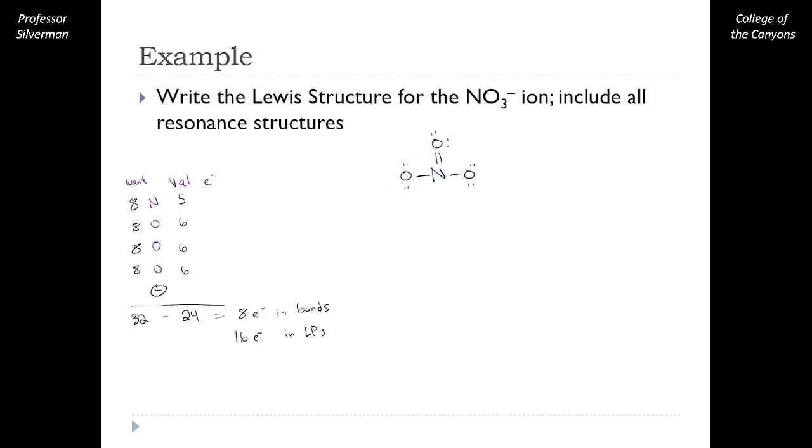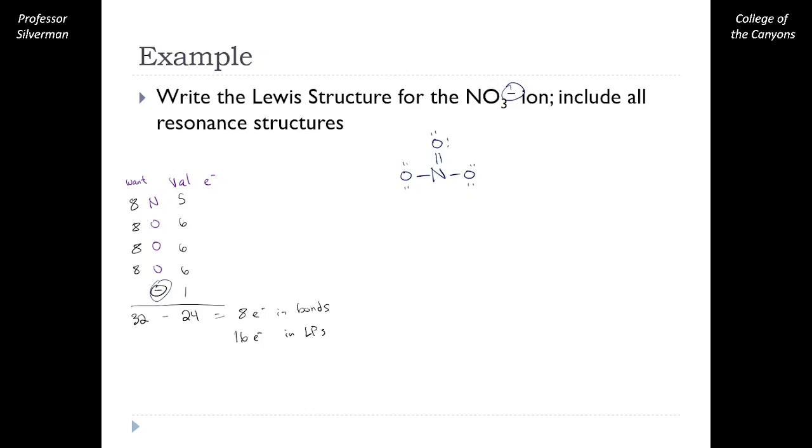I've outlined our strategy here to get a Lewis structure. I figured out we need 8 electrons in our bonds, 16 electrons in our lone pairs. Don't forget this minus charge adds an extra electron to our valence electron count.